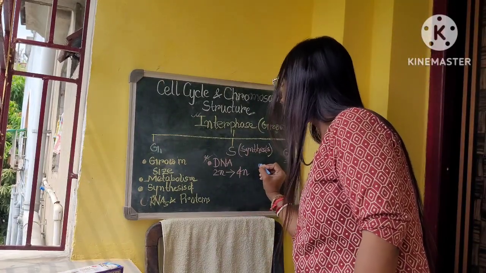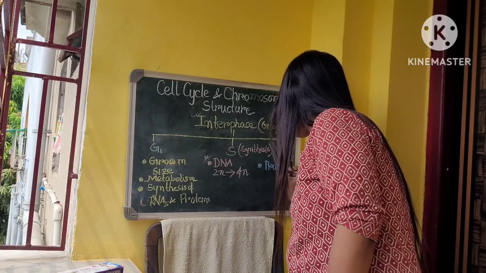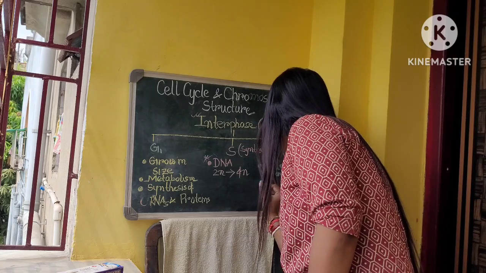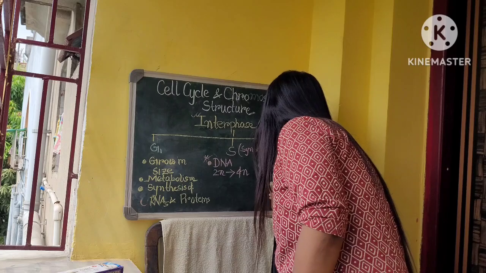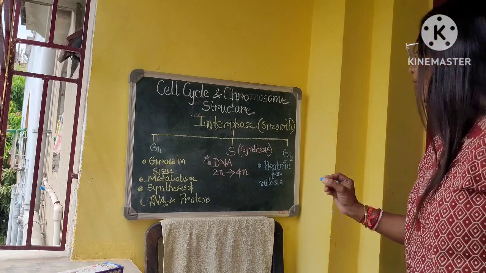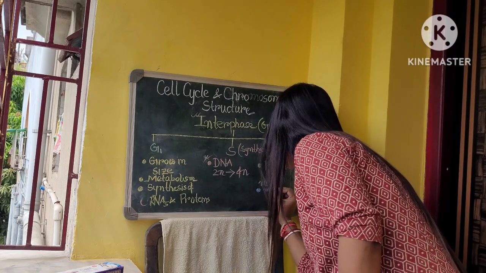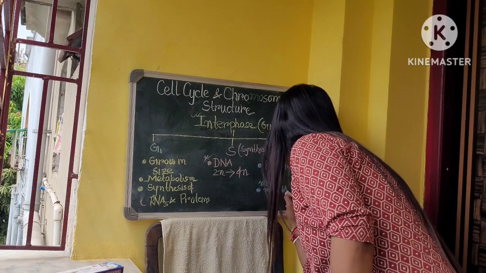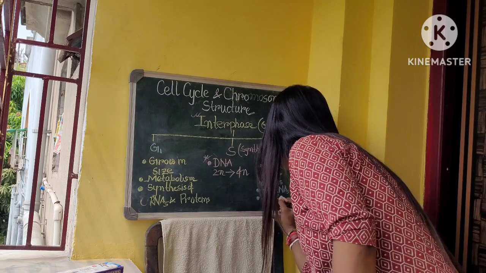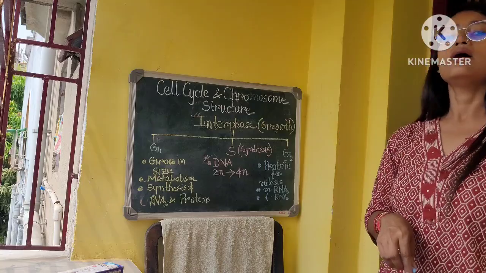So this is also a stage where proteins for mitosis get synthesized, and the mRNAs or the messenger RNAs, and all the tRNAs or the transfer RNAs get synthesized in this phase.